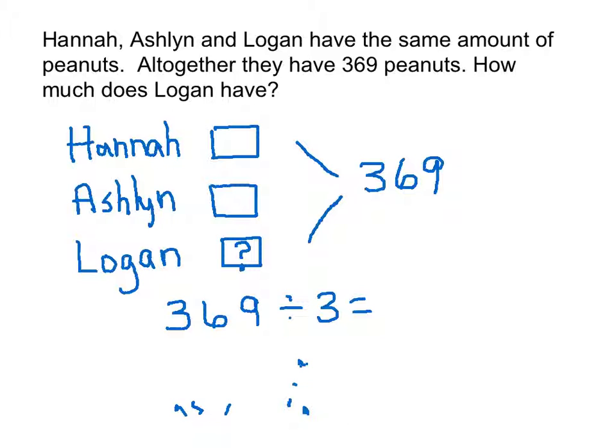So this is an easy division problem to use the break apart strategy. I split 300 into 3 equal parts. That would be 100. 6 tens into 3 equal parts would be 2 tens each. 9 ones into 3 equal parts would be 3 in each part. So each box has 123 peanuts. So I know that Logan has 123 peanuts.